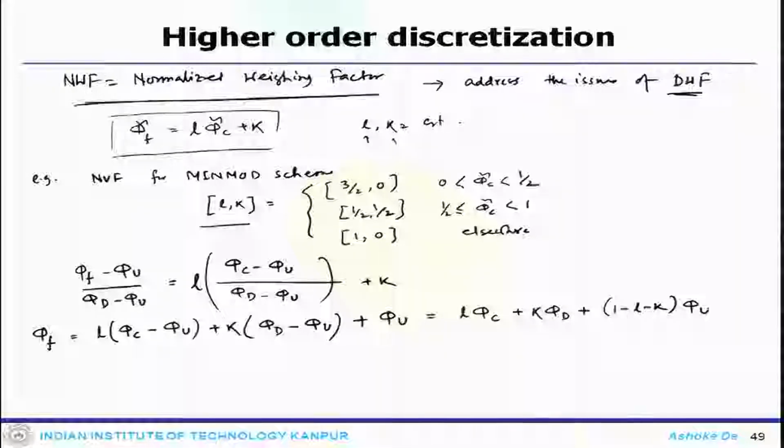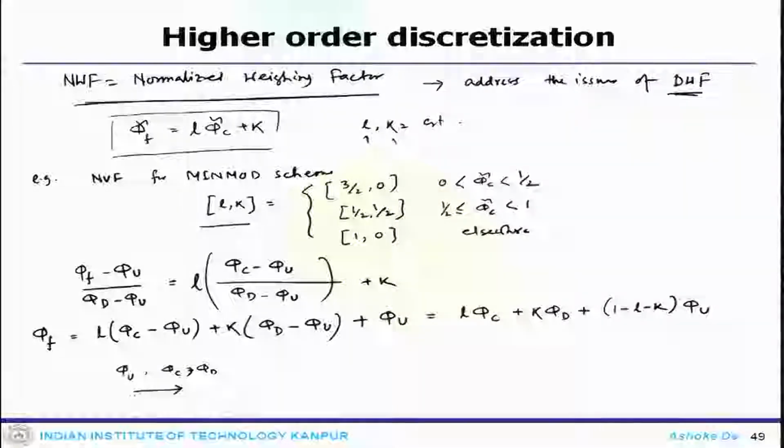Here phi c is the cell center, phi d is the downstream node, and phi u is the upstream node along the flow direction.